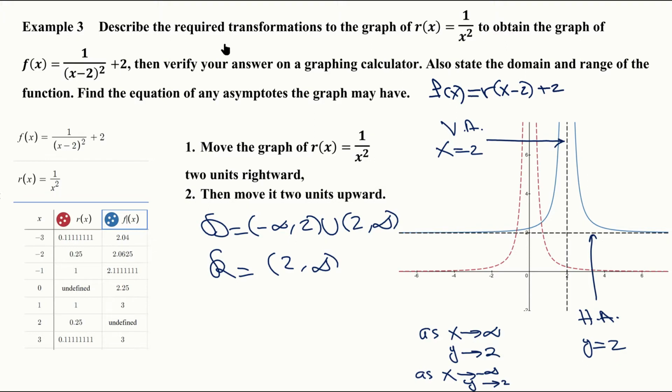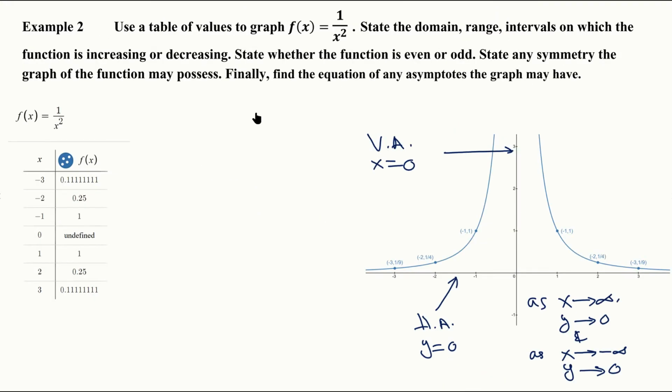Let's quickly go back to the previous problem, because I think we forgot to do the domain and range for that one. I just mentioned it on the other page, but let's talk about it here where it's more clear. Notice the domain is all reals except 0, of course, because that's where the function becomes undefined. So the domain is -infinity to 0 union 0 to infinity, and the range is, notice, all positive real numbers, right?